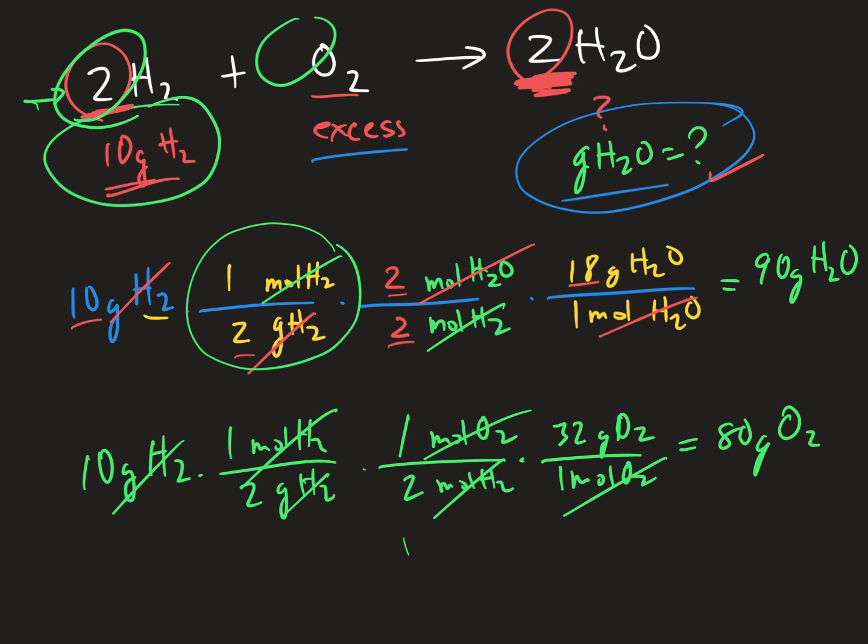Unless you are not good at making measurements, right? You measure 10 grams and you really got 15, yeah, it's going to be different. But if you got really close to 10 grams of hydrogen gas, this is going to be pretty close. And I'll show you how to find percent error, percent yield.